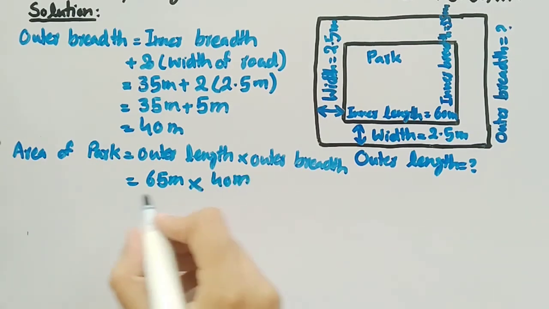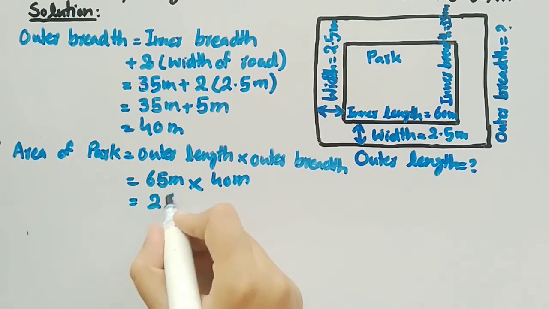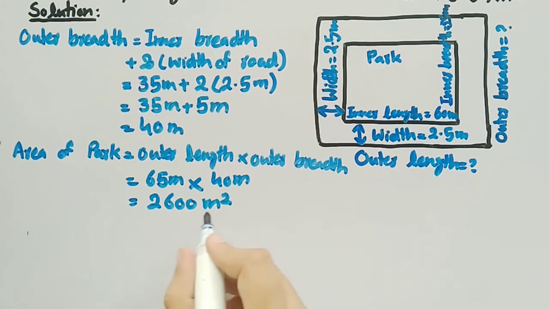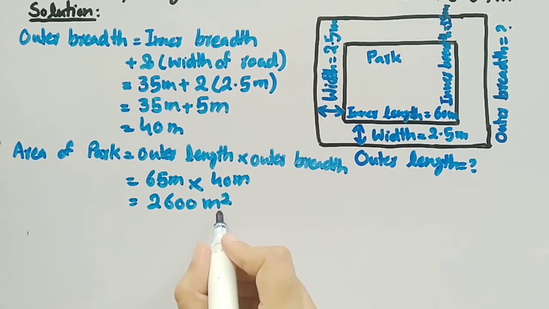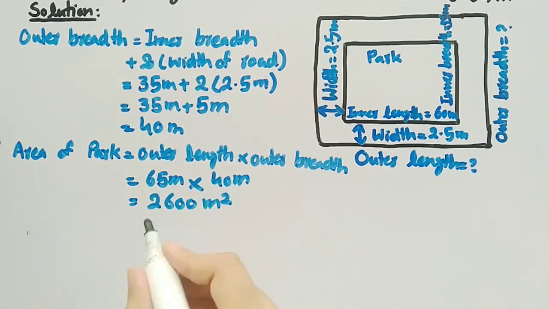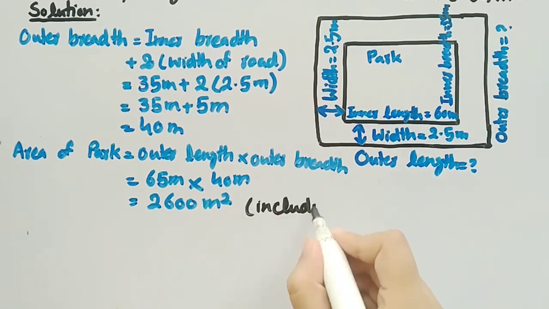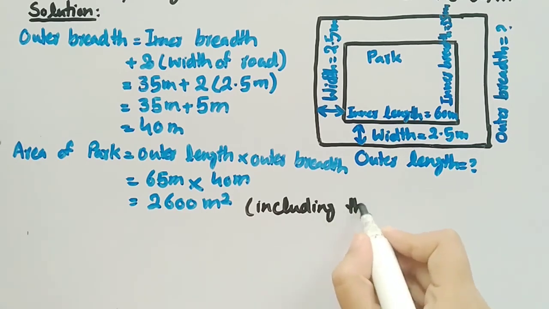Multiplying these two, we get 2600 meters square. So area of park is 2600 meters square. And this is the area of park including the road.